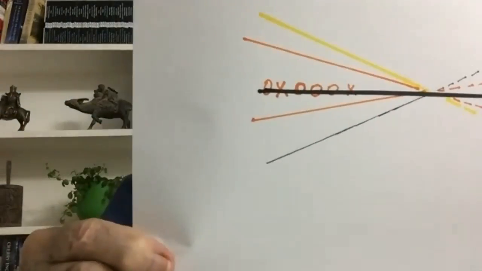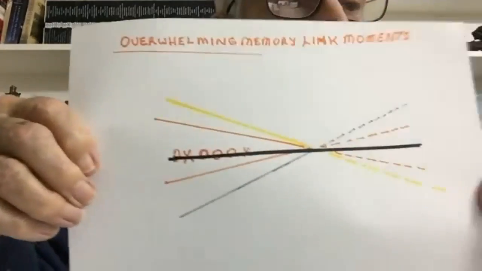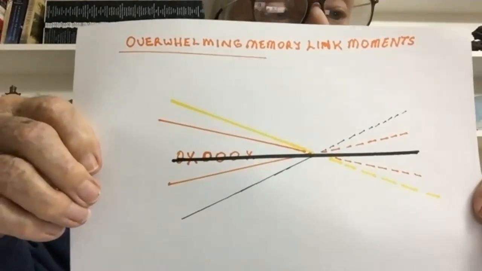So we can have overwhelming memory link moments that can literally be a definition of what a mental breakdown is. It's just too much. So there's these theories. I've got a diagram with 5 on it. Yeah, we'll work on it.